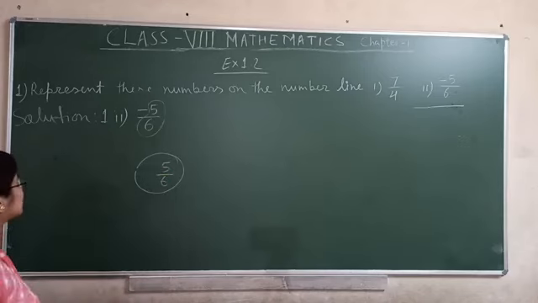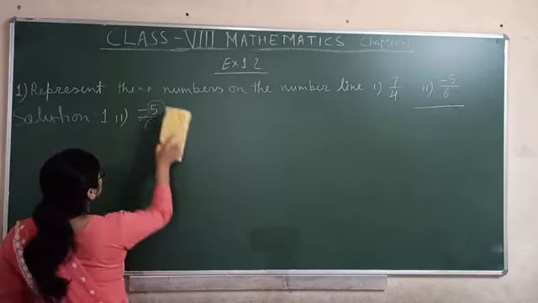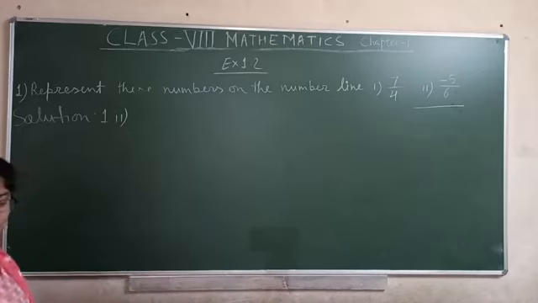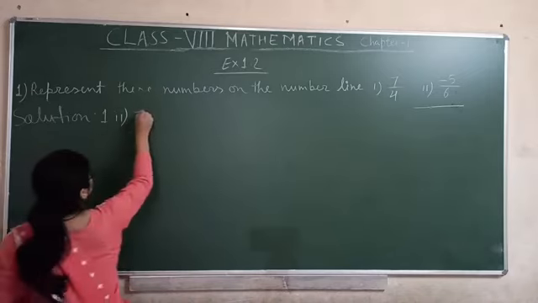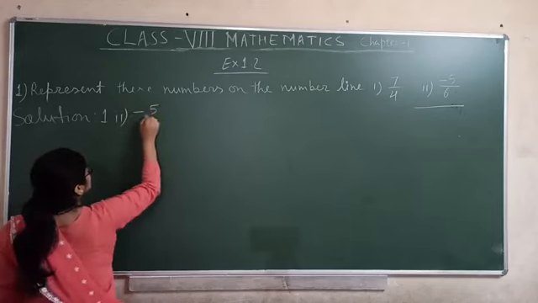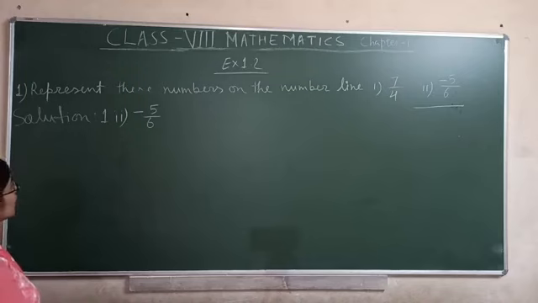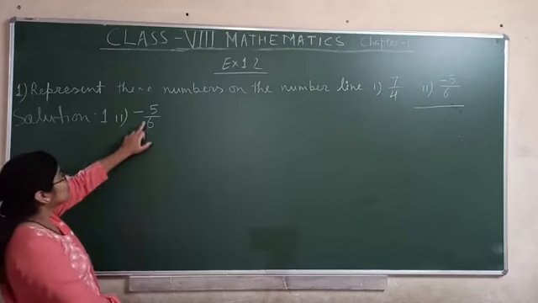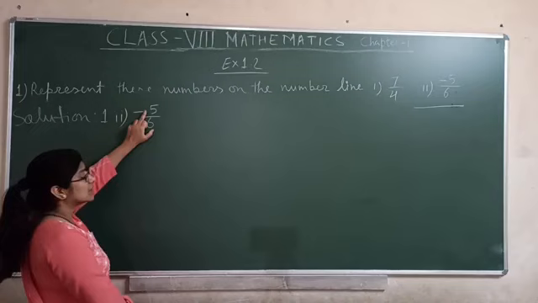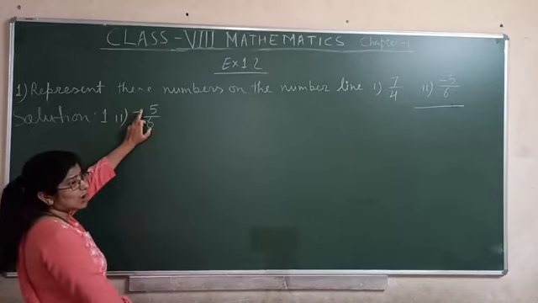Why proper fraction? The numerator is smaller than the denominator. So in that case, we get a proper fraction. When you divide, it will be less than 1.